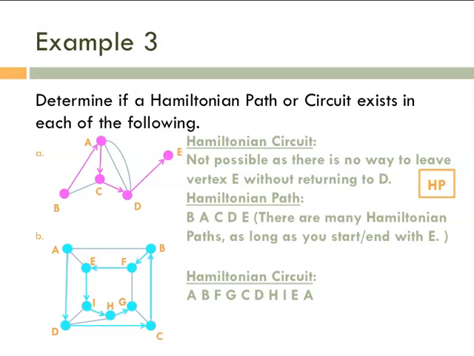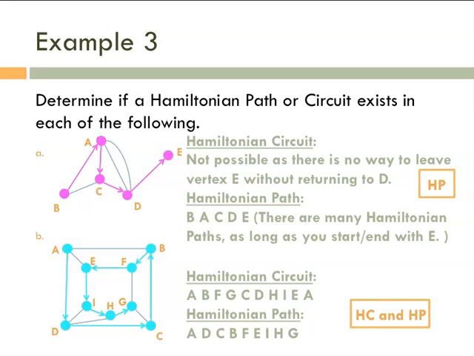We didn't repeat any vertices, so there is a Hamiltonian path as well. So this had both a Hamiltonian circuit and a Hamiltonian path.